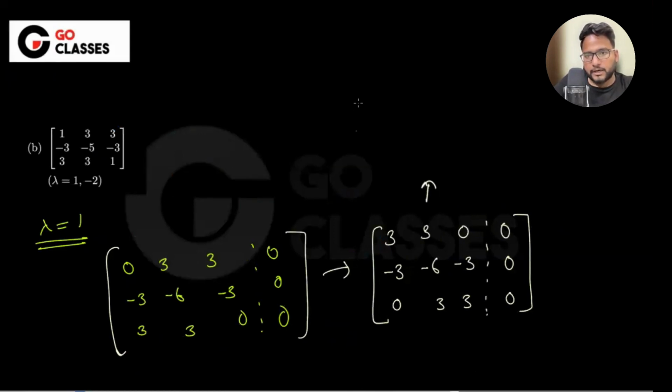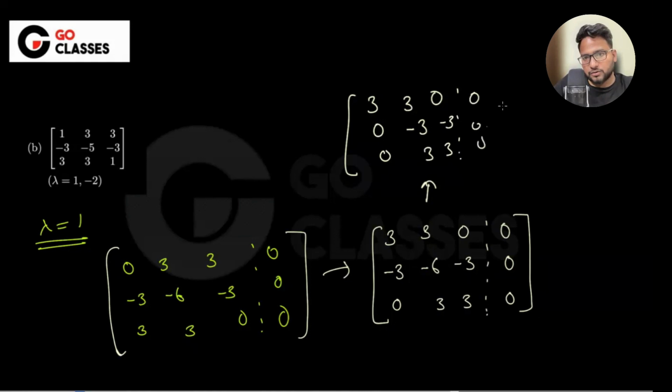This is 3, 3, 0, and then this is 0, minus 3, minus 3, 0, 3, 3, and 0, 0, 0. If you add these two, this will be 0, right? So this is one pivot, this is again a pivot, and this is anyway 0, 0.